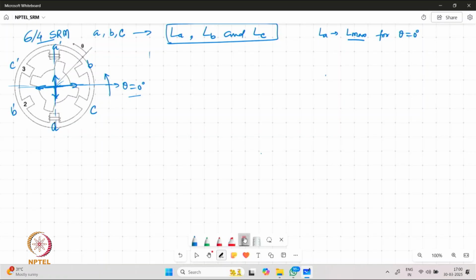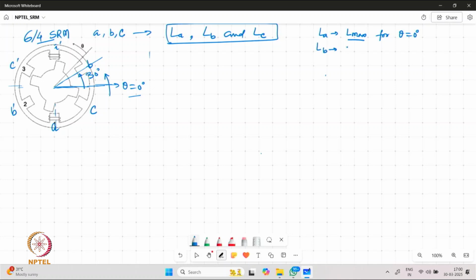Now, as the rotor is moving, the B phase will get aligned once the rotor has taken a step angle of say 30 degree.